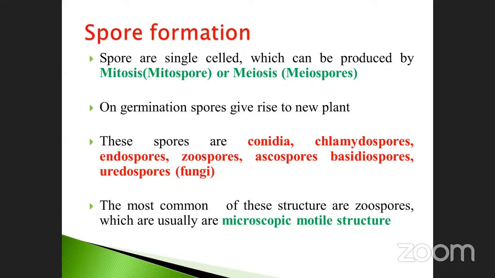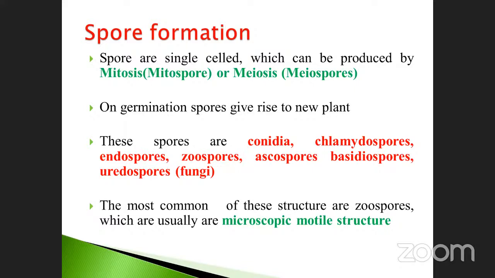And germination of spores gives rise to a new plant. Here, spores undergo germination and also the maturation process. When it undergoes the maturation process, it produces a new plant, that is called germination.